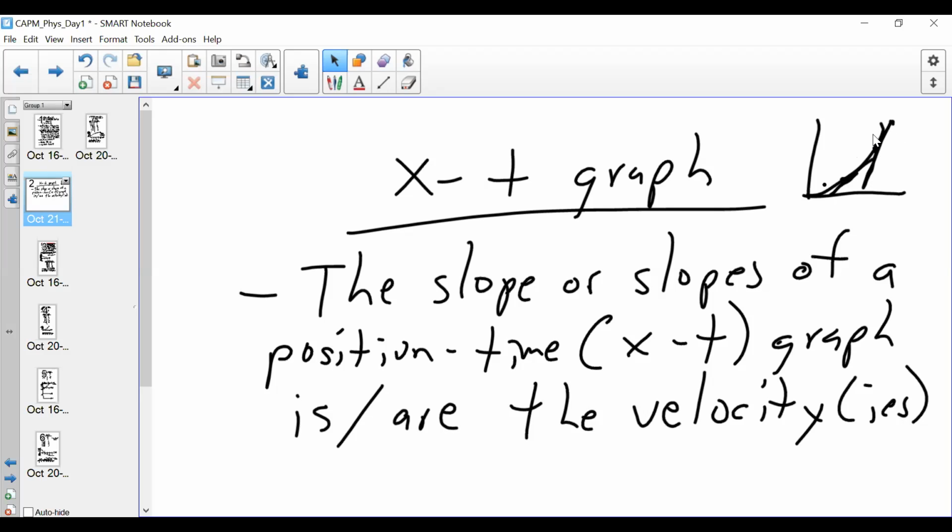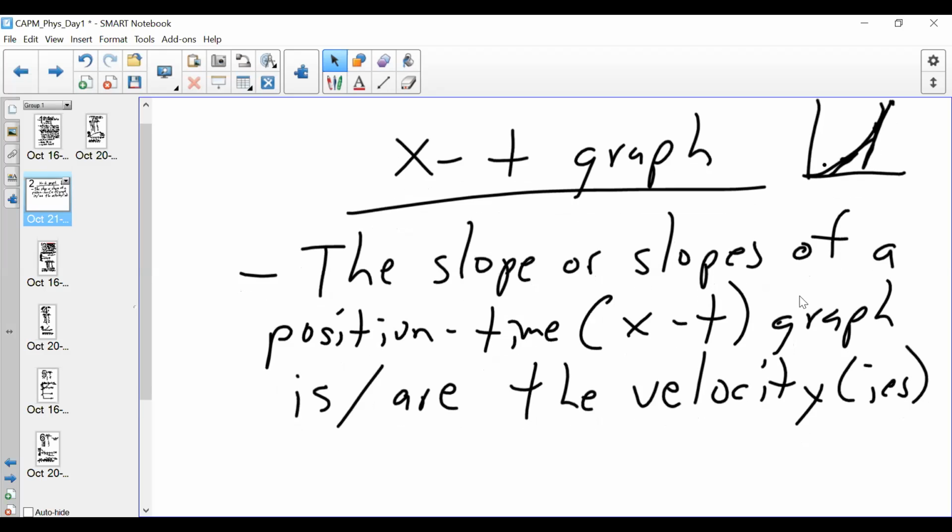But we're not going to get into all of that in this class. I just wanted you to put that definition down and keep that in mind as we go back to the graph. The slope or slopes of a position time xt graph are the velocities, right?